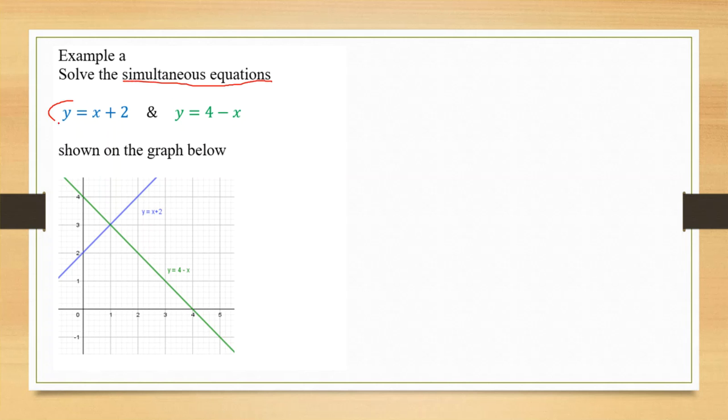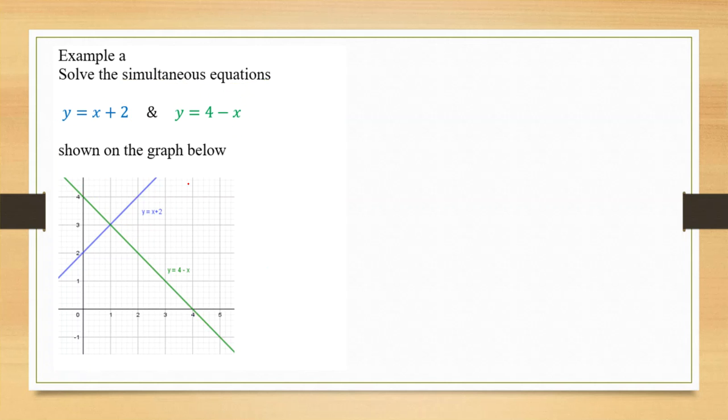If we have y equals x plus 2, that's our first equation, and that's this line here, the blue line. And we have this green line as well, y equals 4 minus x, which if we graphed it would look like this, the green one.